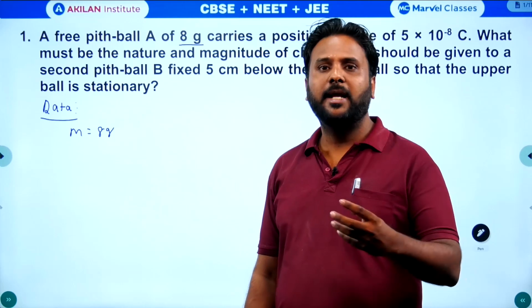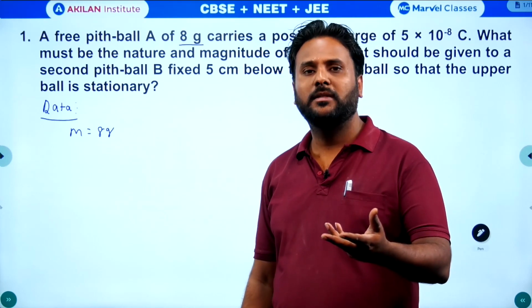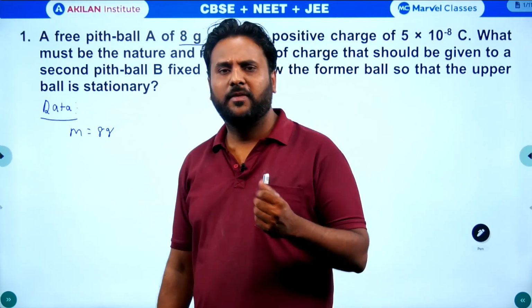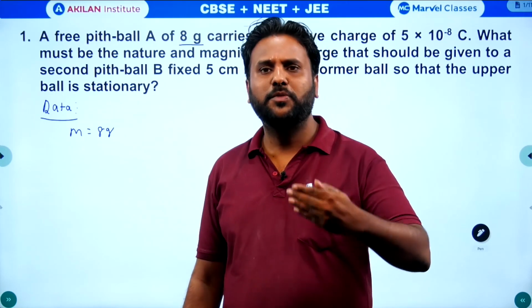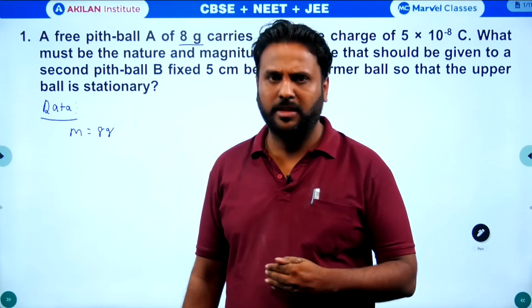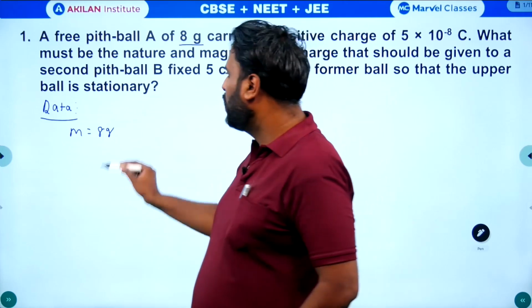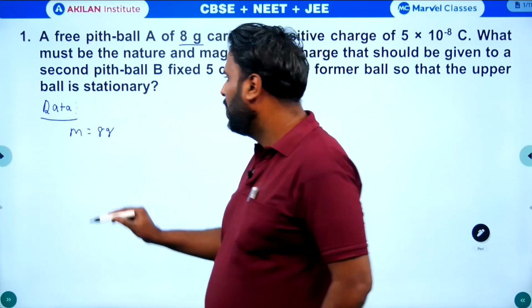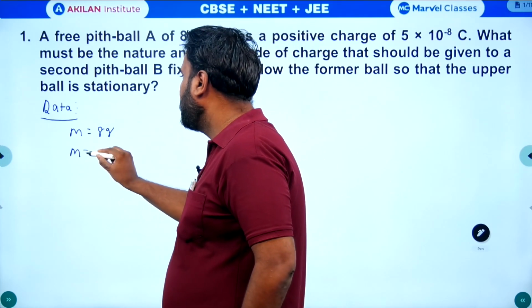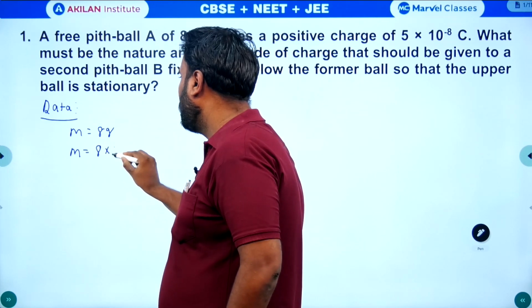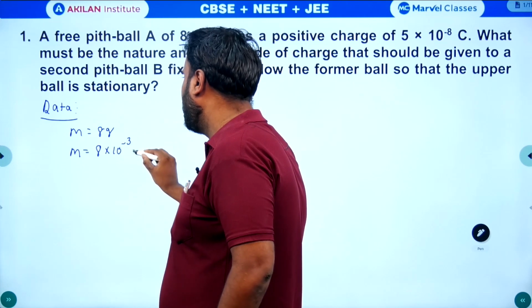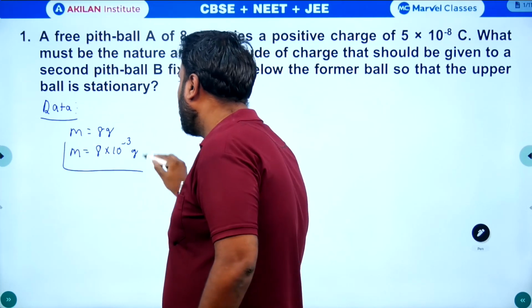You know all those things we studied in 11th standard: everything should be converted into the MKS system, meter, kilogram, second. So gram we have to convert into kilogram. M is equal to 8 into 10 to the power of minus 3 kilogram.